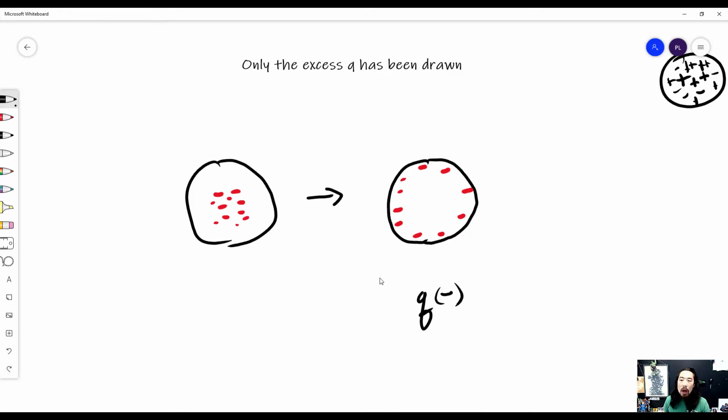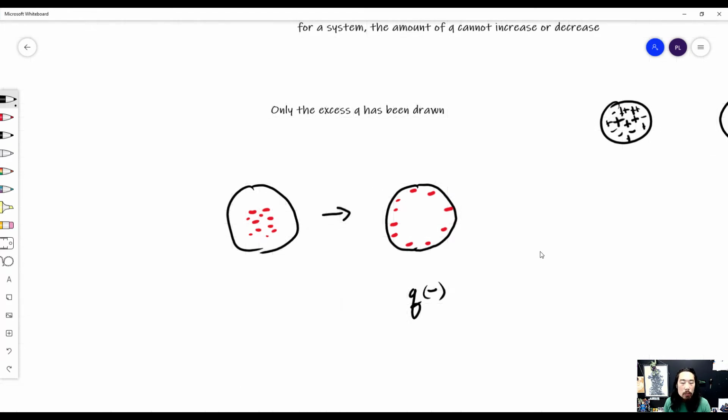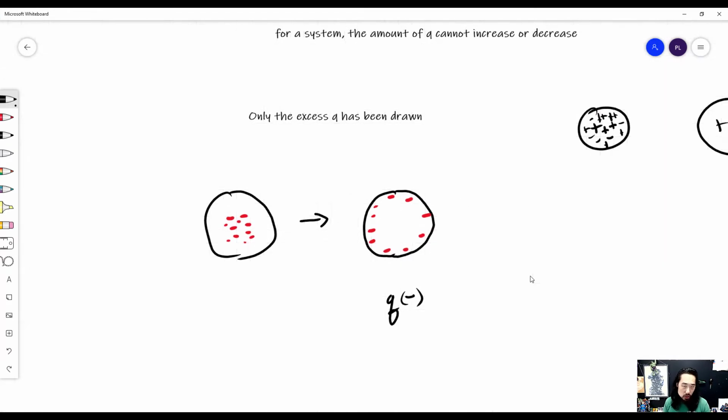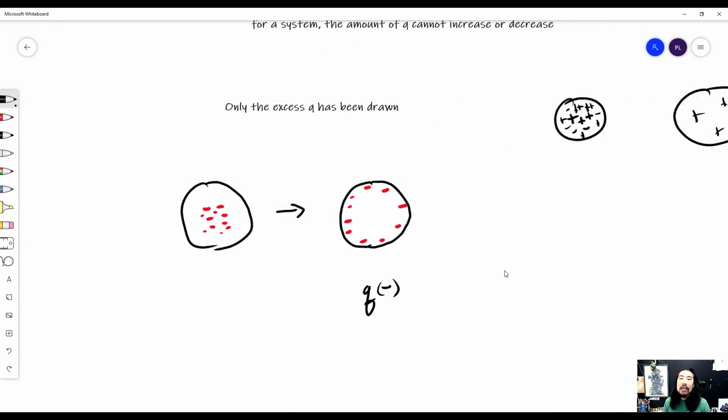Now, another thing is that we can only move negative charges. We cannot move or even add positive charges, and the reasoning behind that is that positive charges are part of the nucleus of the atom, and the nucleus of the atom makes up the physical object itself. So we can only move negative charges. That's a very important idea.